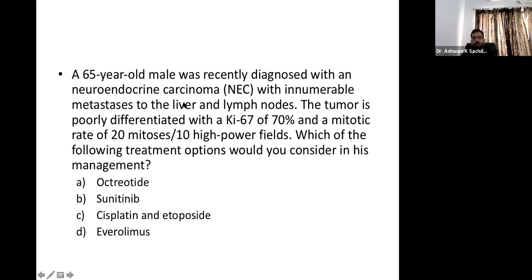So a patient presents with neuroendocrine carcinoma with innumerable mets to the liver and lymph nodes. The tumor is poorly differentiated with a Ki-67 index of 70% and a mitotic rate of 20 mitoses per high power field. Which is the treatment option? We should give a somatostatin analog, or go with sunitinib, cisplatin etoposide, or consider an mTOR inhibitor, everolimus.